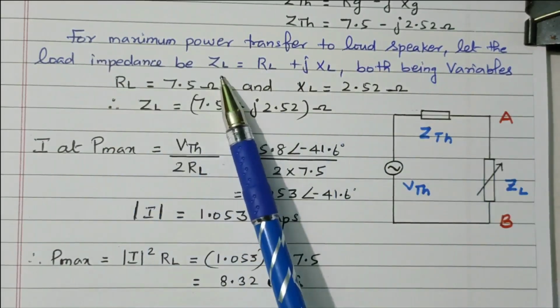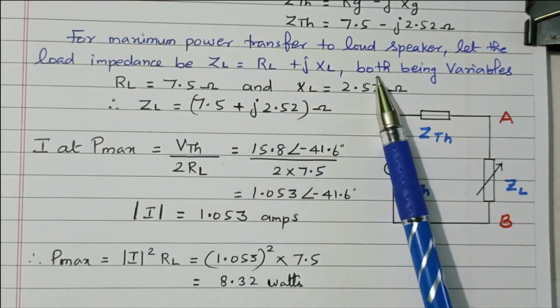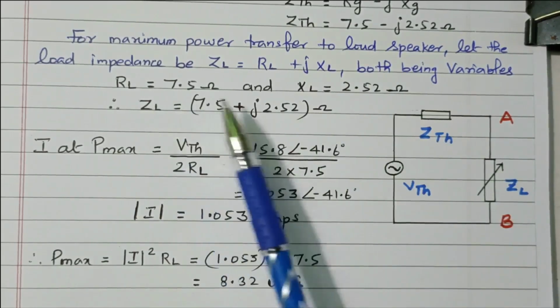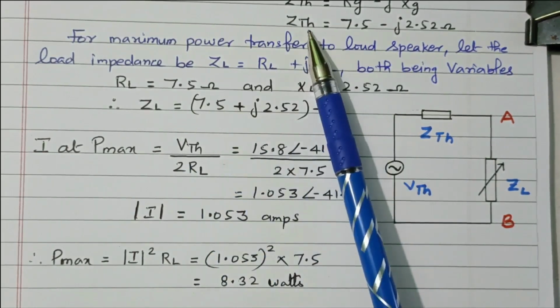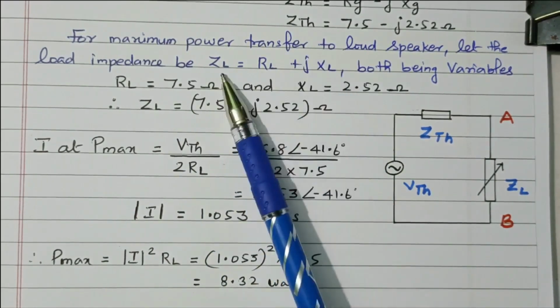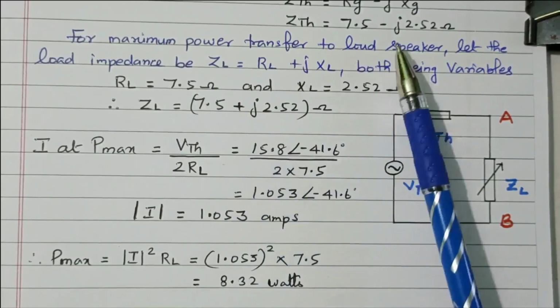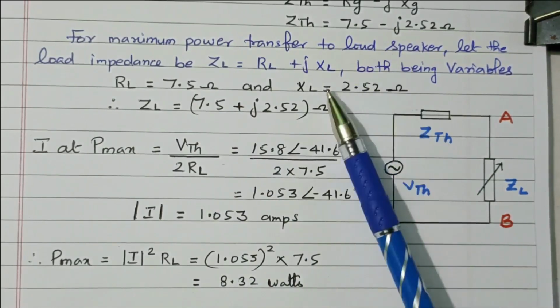Let the load impedance ZL equal RL plus JXL, both being variables. The Z Thevenin is 7.5 minus j 2.52 ohm. ZL equals the Z Thevenin, but complex conjugated. So 7.5 is written as it is, and minus 2.52 becomes plus 2.52. Both are complex conjugates.